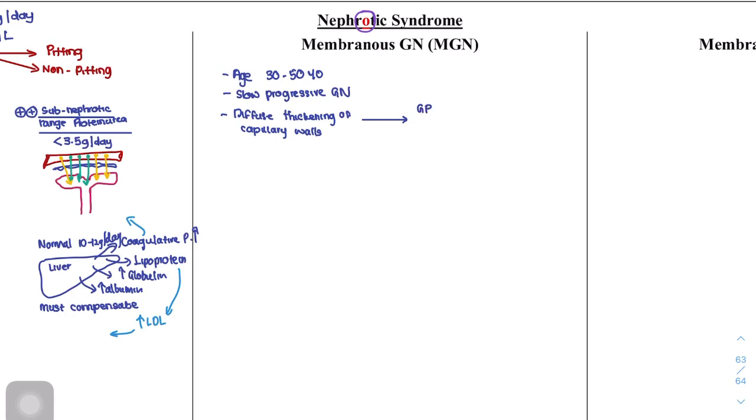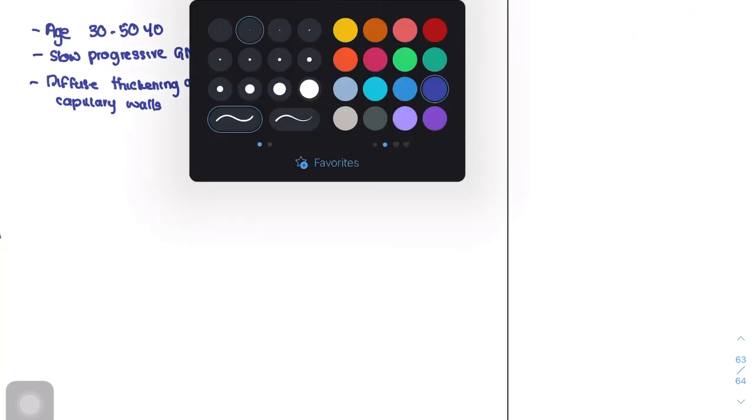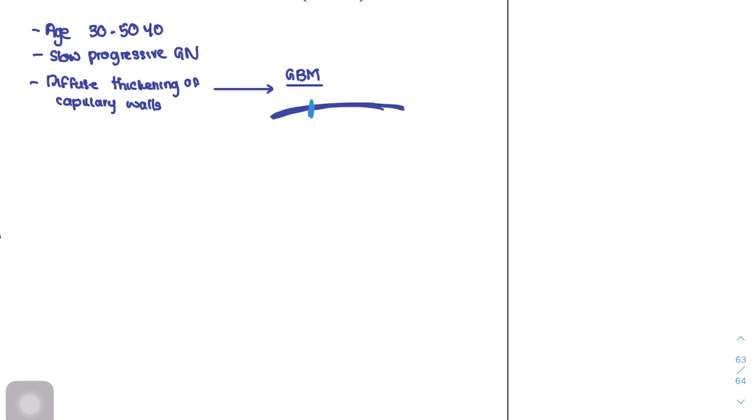We have the glomerular basement membrane. Here's the basement membrane. So to this membrane, we get the membrane attack complex. I hope you learned this. We have the MAC, that is the complex from C5b to C9, which will come and deposit.